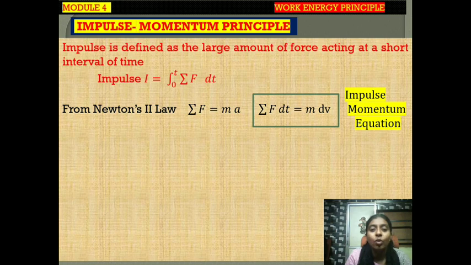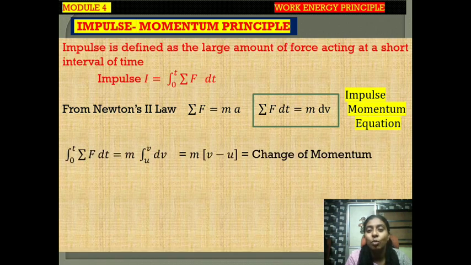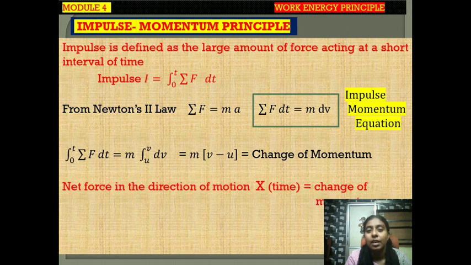Now we know from Newton's second law F is equal to mass into acceleration. So summation of the force is equal to mass into acceleration. Now acceleration a is equal to dv by dt. So from that we get sigma F into dt is equal to m into dv.